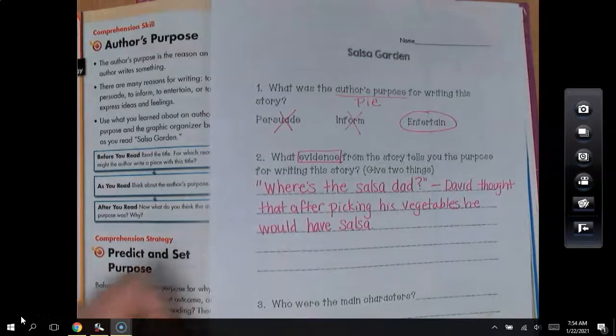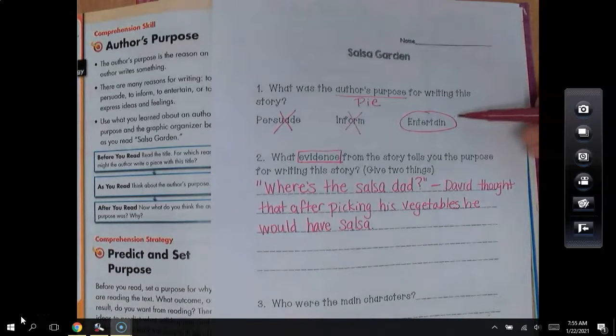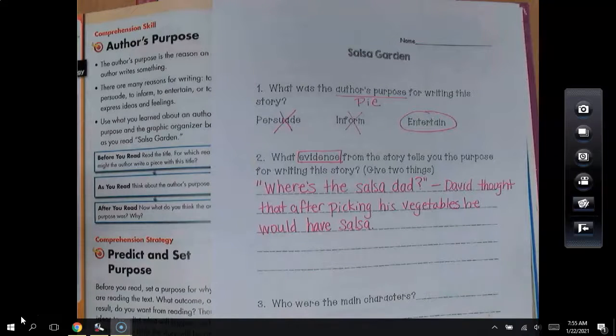Now, I will tell you, when you have an author's purpose where it's entertain, sometimes it might be hard to pull out specific evidence. Because when an author entertains you, they want you to have feelings about what you're reading.